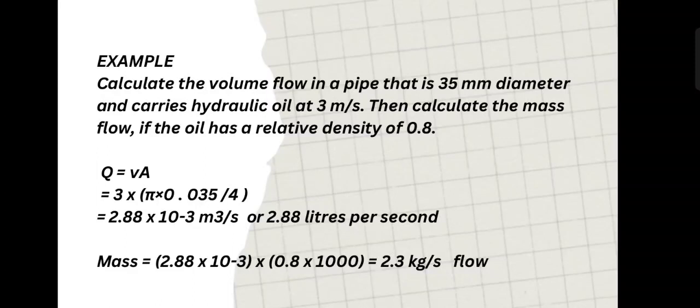So mass flow is equal to 2.88 multiplied by 10 to the minus 3, which is the volume flow, then multiplied by its relative density. So we have 2.3 kilograms per second as the mass flow.